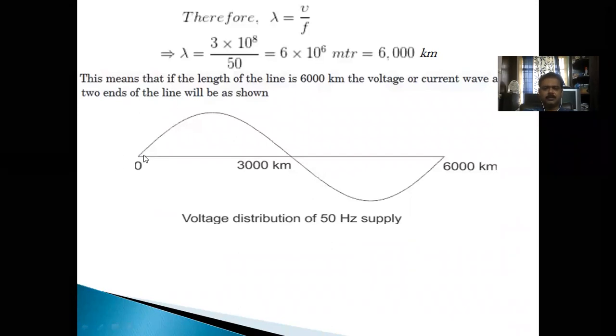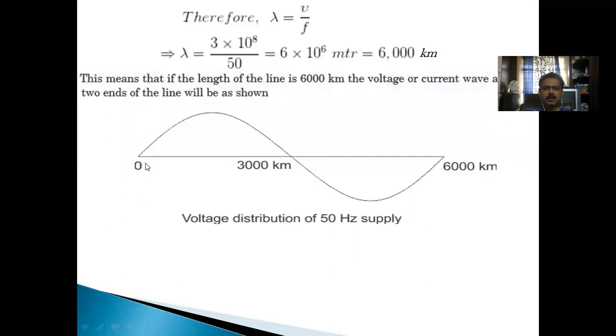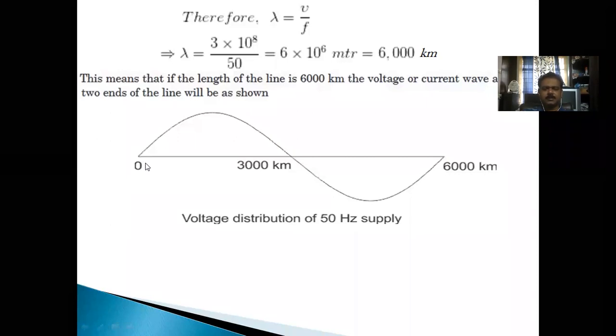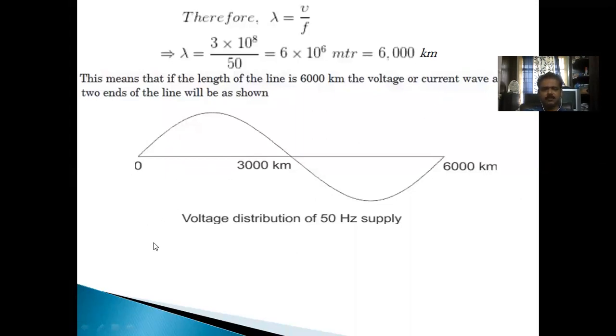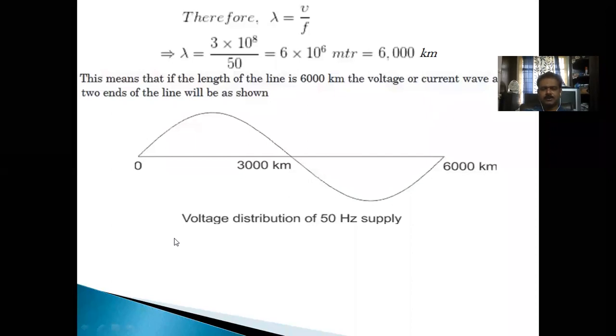If we use lumped parameters, the calculations will be easy, and there is not much difference in the performance calculations, that means efficiency and regulation. That's why we go for lumped parameters while representing a medium or short transmission line up to 160 kilometers. The voltage or current variation is almost the same, so we can use lumped parameters instead of distributed parameters.